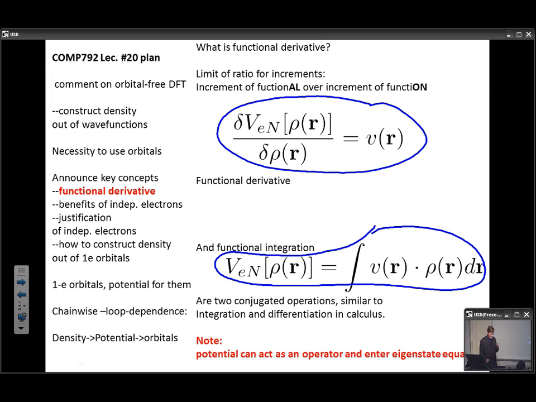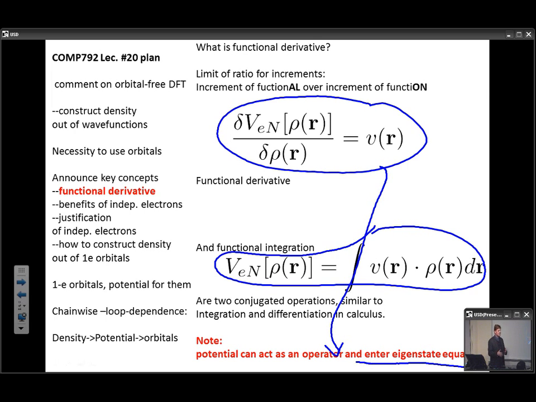And what is convenient, what is useful for our future steps towards the Kohn-Sham procedure, is that this operator that we are getting can enter some eigenstate equation.